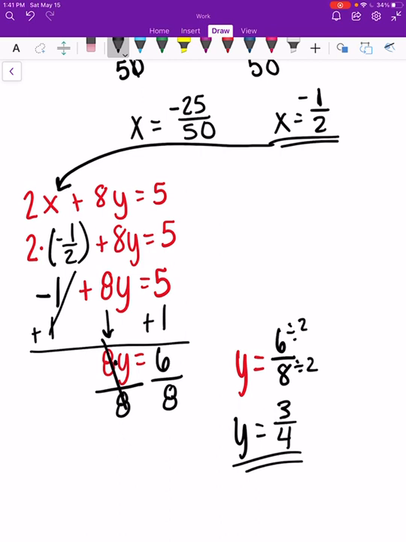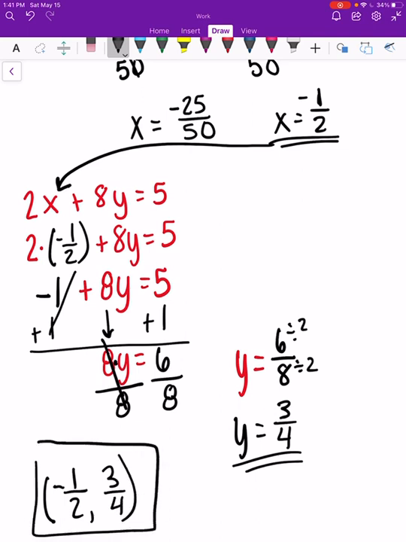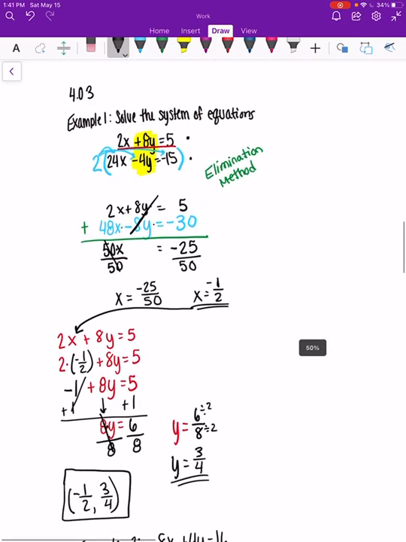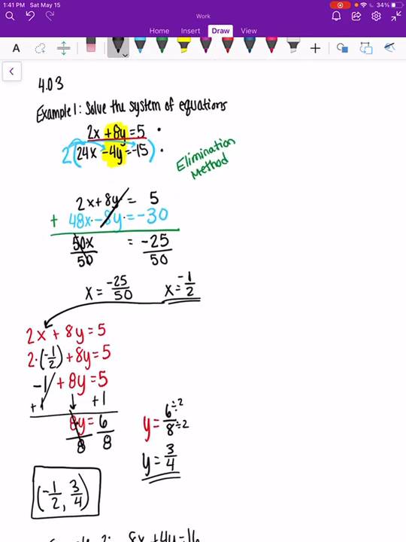So now my answer is my x, which was negative 1/2, and my y, which was 3/4. It's kind of a lot of work. But there's our first example. It's called the elimination method. We eliminated the y's to begin with.